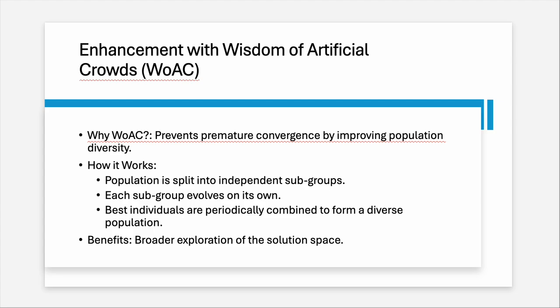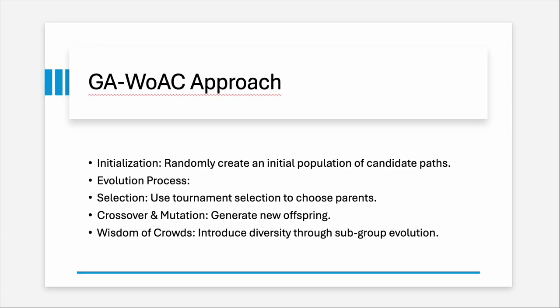After a few generations, the best individuals from each group are merged back into the main population, effectively pooling the collective wisdom of the independent subgroups. This approach maintains diversity, encourages exploration, and prevents premature convergence to suboptimal solutions, ultimately leading to better quality outcomes.